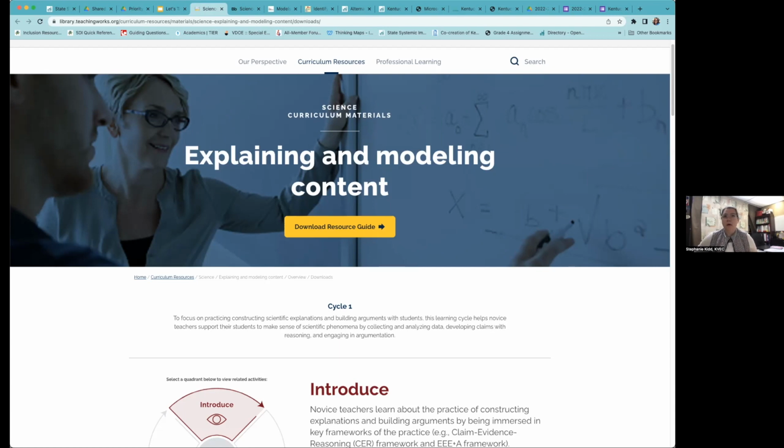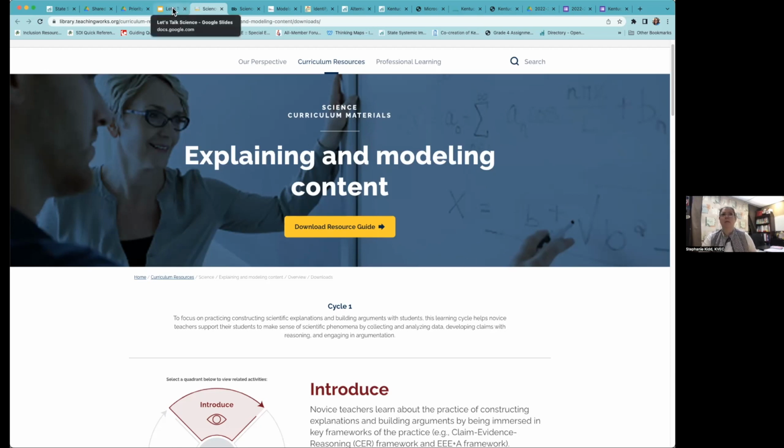But again, you'll have the opportunity to download this resource for that. I think there's an example on decomposing in there that it talks through and how you could use the lesson for that.